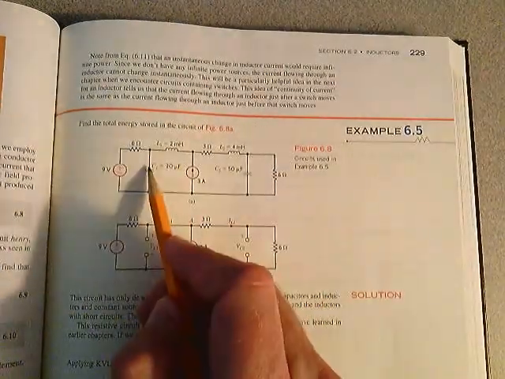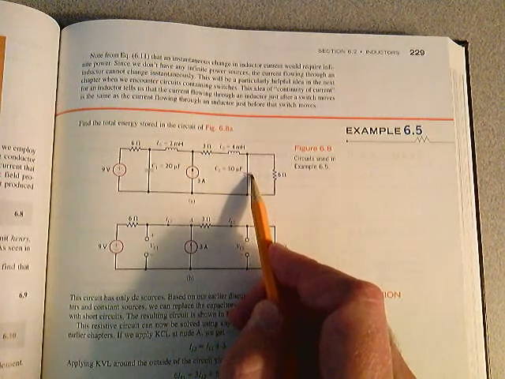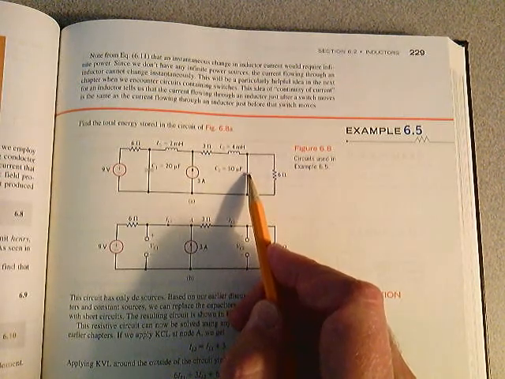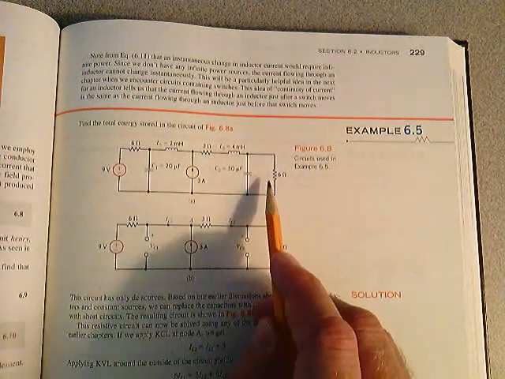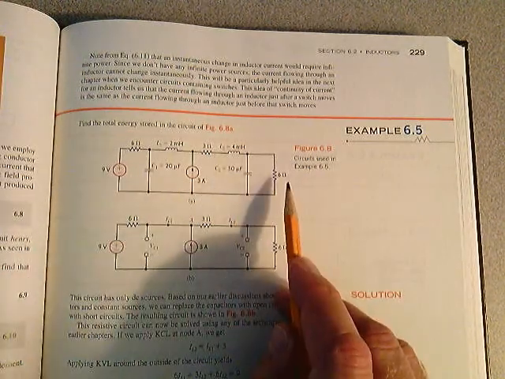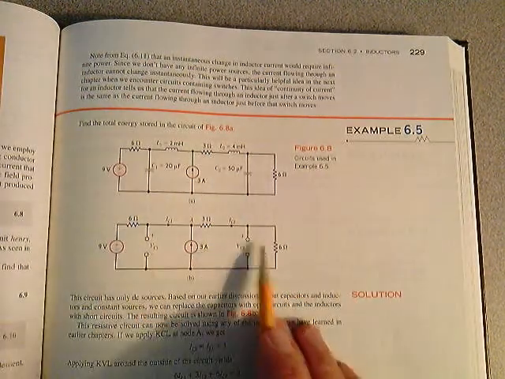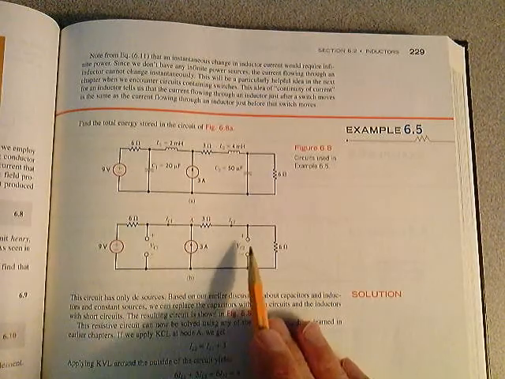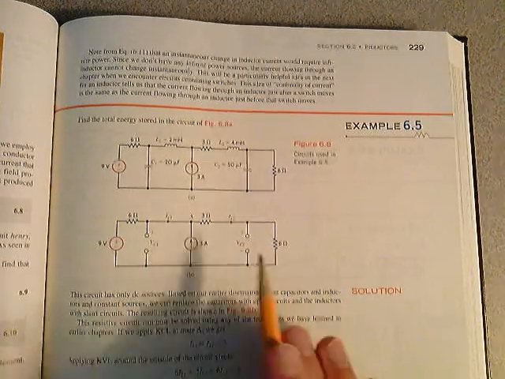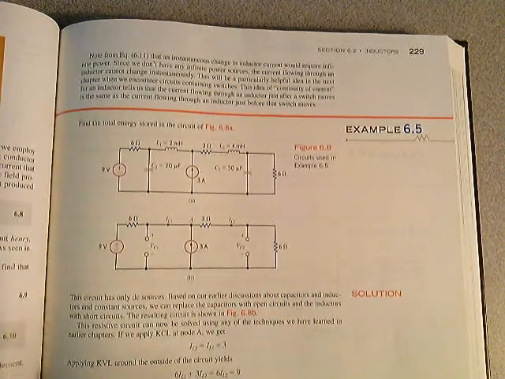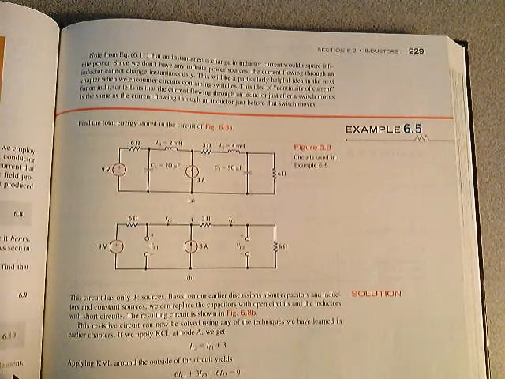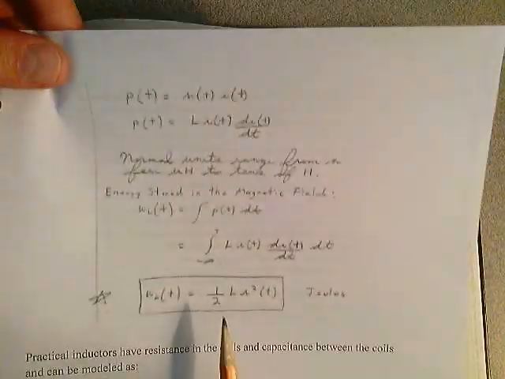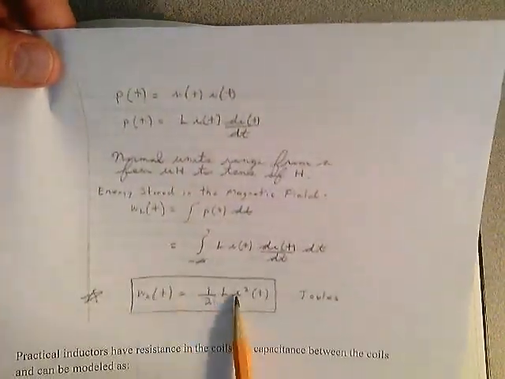Remember, current can't flow through these capacitors. So in the steady state in this circuit, this circuit looks like this, where capacitors are just open circuits and inductors are just short circuits. So before you can work this problem and use this equation here, for the inductors you need to find the current.